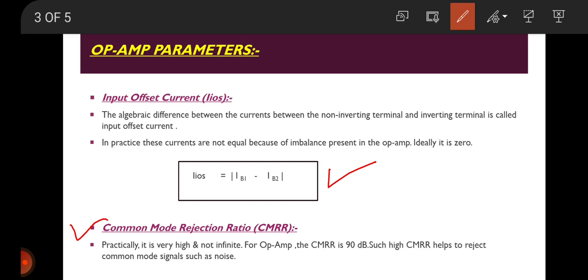For the IC741, the CMRR is 90 dB for the op-amp. Such high CMRR helps to reject common mode signals such as noise.